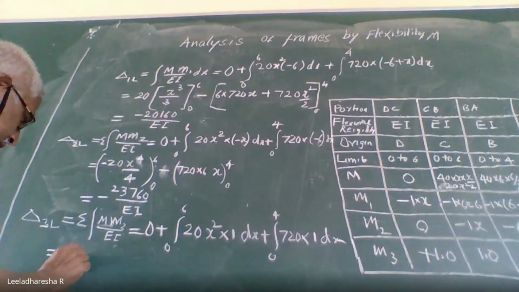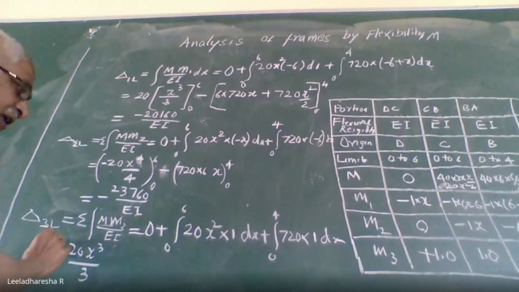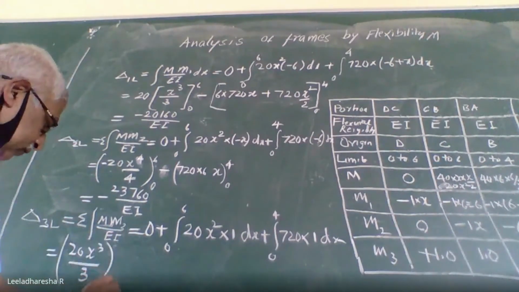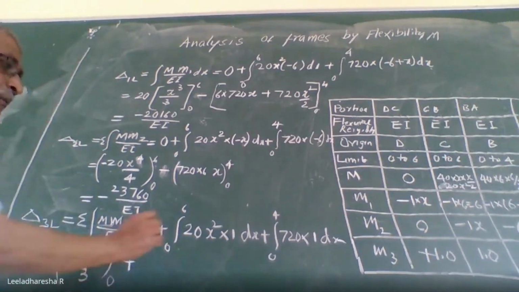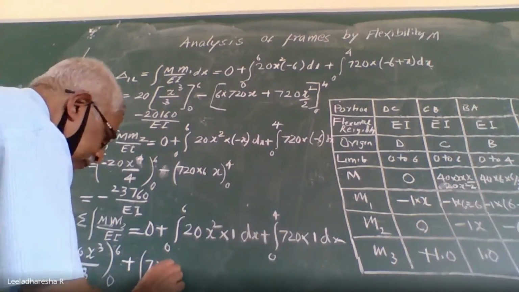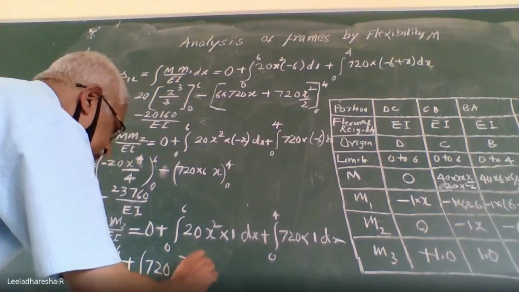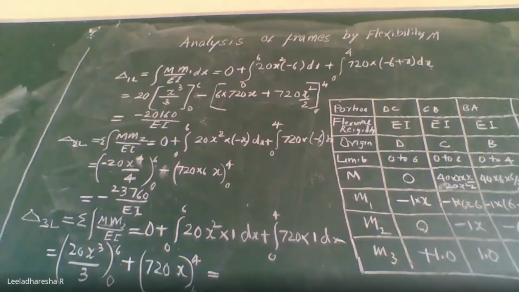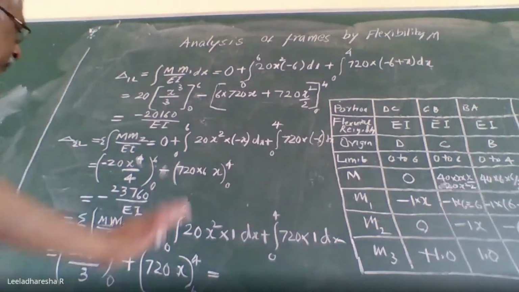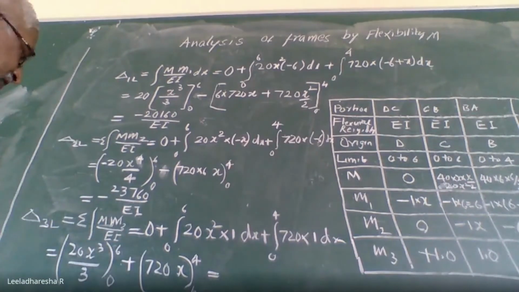It will be 20x cube divided by 3 between the limits 0 to 6, plus 720, integration of dx is x, between the limits 0 to 4. So you are going to get all the three elements of the displacement equation in the form of delta 1L, delta 2L and delta 3L. On simplification, okay, EI is missing.